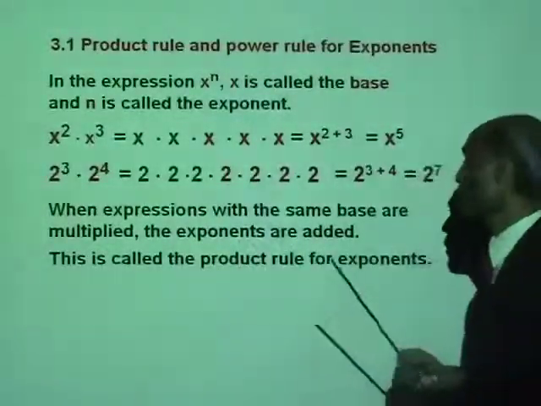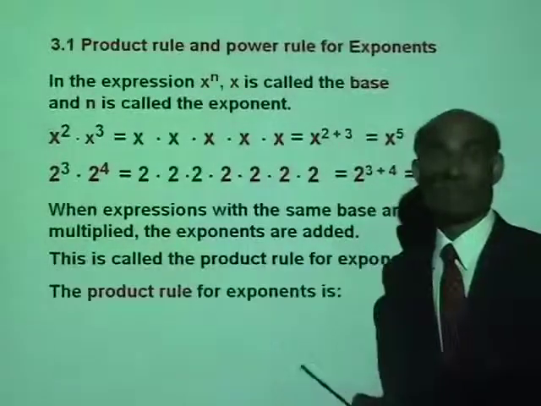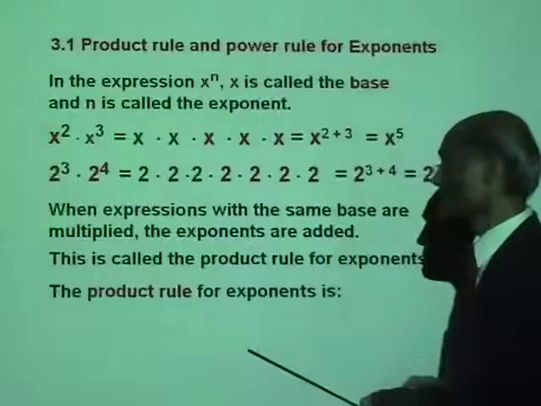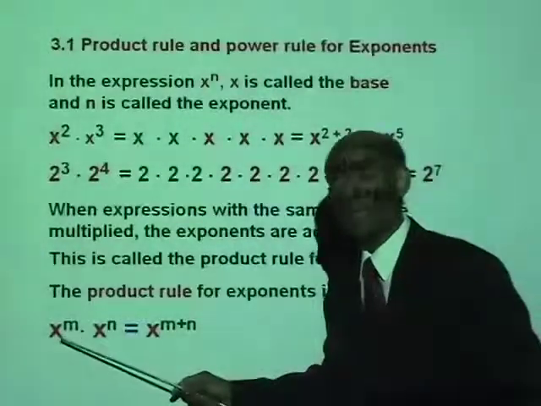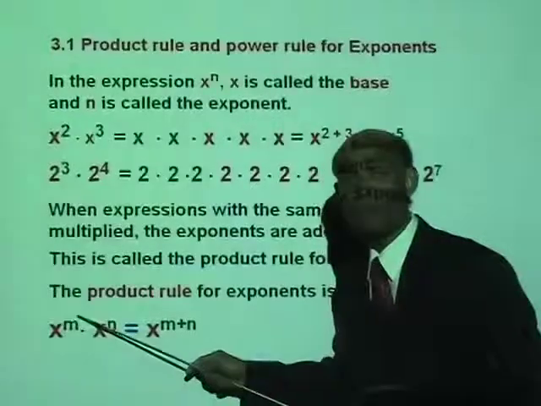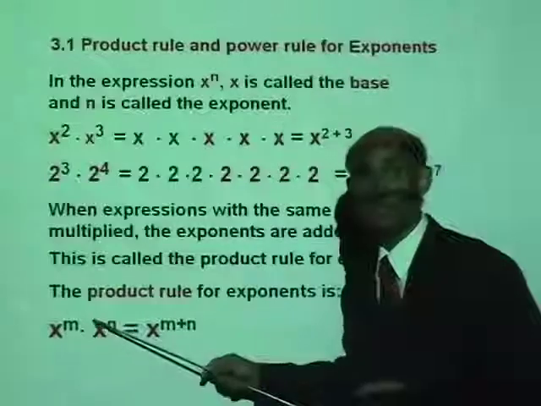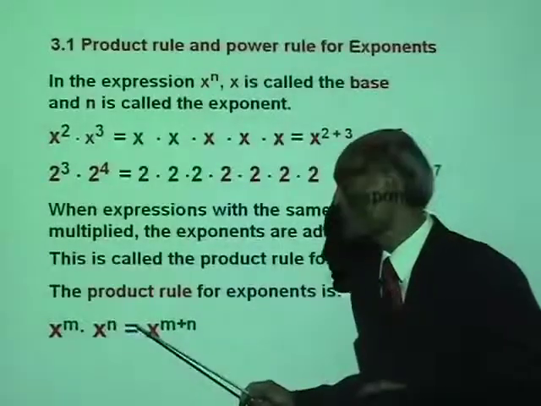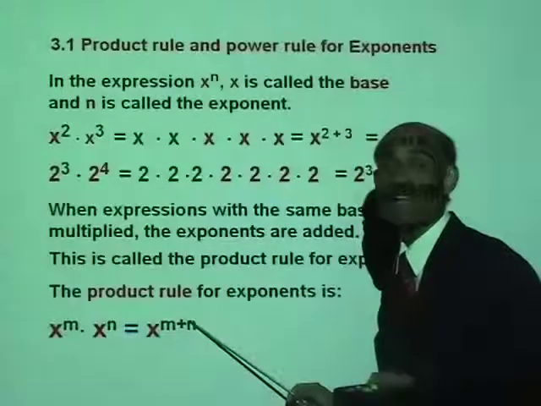And this is called the product rule for exponents. Now, the product rule for exponents can be written in a general form like this. X raised to the power of m multiplied by x raised to the power of n can be obtained by raising x to the power of m plus n.